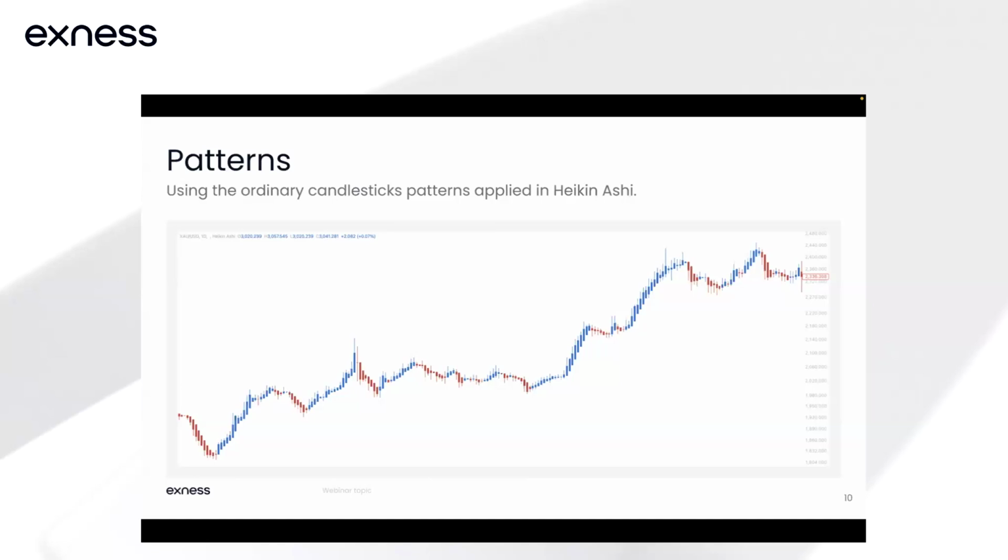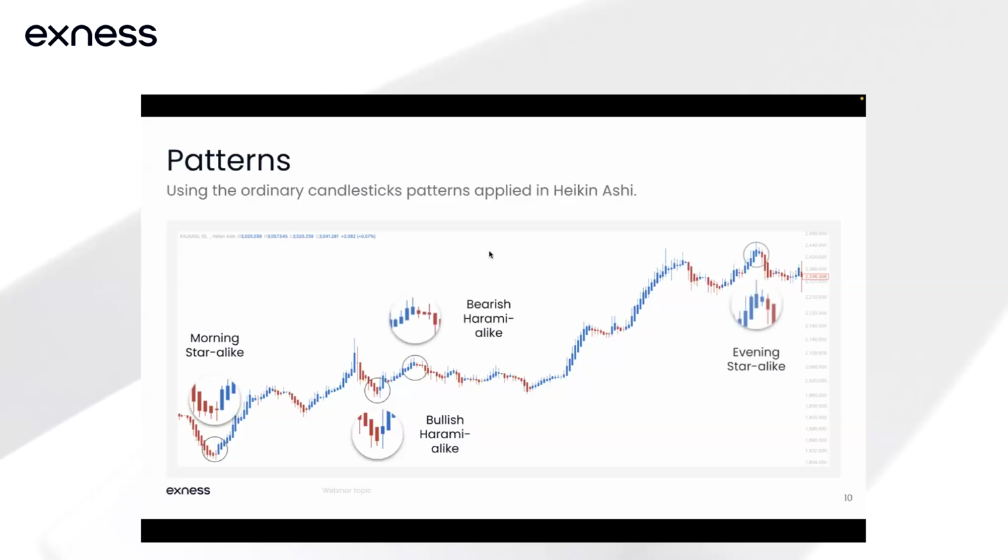Traditional hammer patterns might signal a reversal on a normal chart, but with Heikin-Ashi that same reversal might appear as a series of shrinking red candles followed by a strong blue one with no lower wick. That's a stronger confirmation, and you can act on it with more confidence.